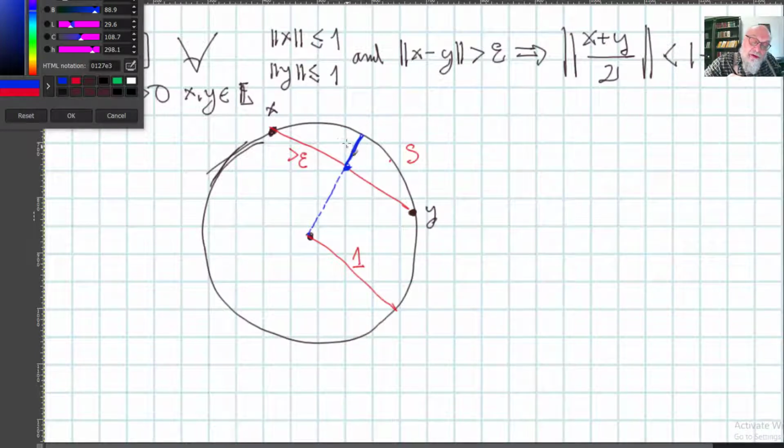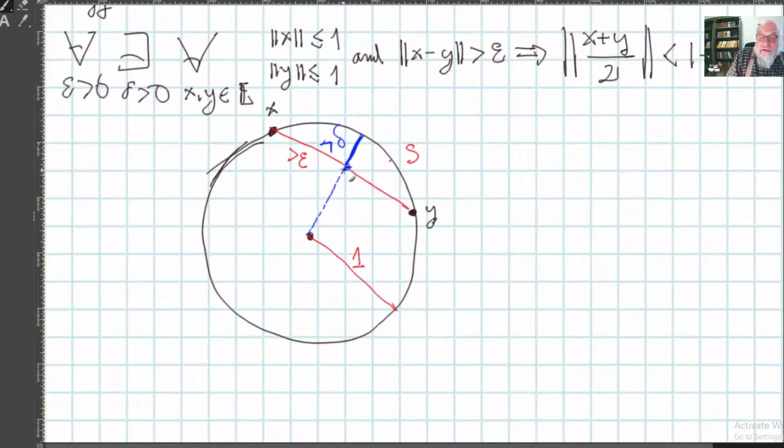The distance from the sphere must be larger than delta. This middle point is x plus y divided by 2.